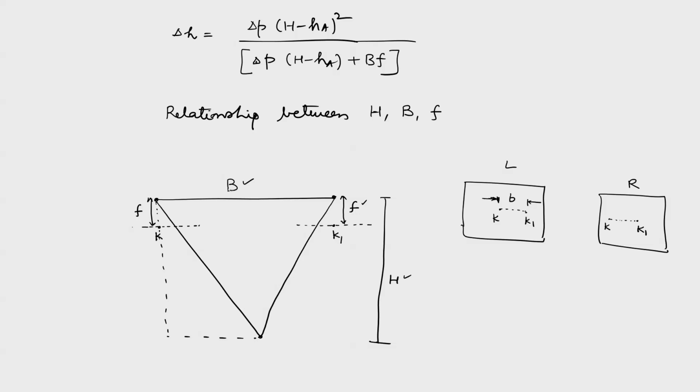Now, if you take the ratio of airbase B to flying height, I can see the same ratio exists between the image base and the focal length, alright, because this point K1, let us say, is here, right. So, this is my image base b from here to here.